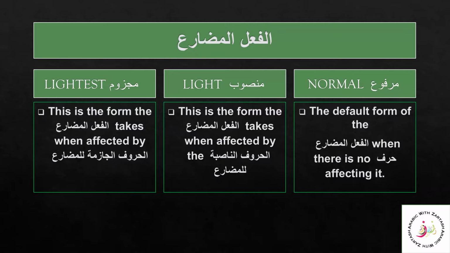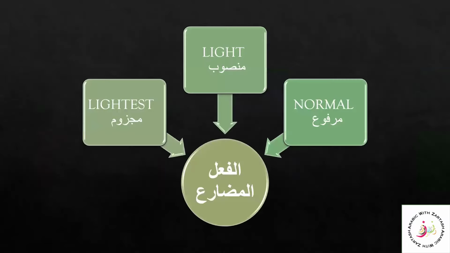Mansoob can be done when there is a harf nasb before it, so a verb will change into the mansoob form, and marfu is the default state that will have a dhamma, that will have a noon for the afal al khamsa. Alhamdulillah. So fi'l mudari can have three important states: normal, that is marfu; the light, that is mansoob; and the lightest, that is majzoom. Alhamdulillah. So this is it.